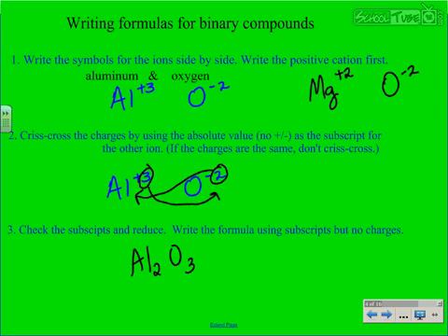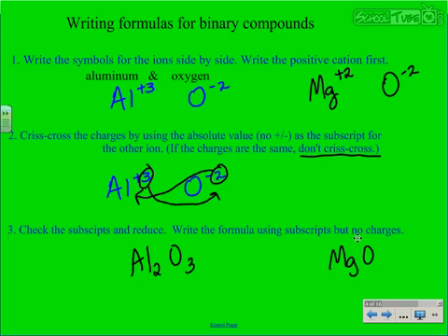Is it neutral? It's already neutral. So do I need more than one of each? No. So I don't need to do the crisscross. I'm just going to write MgO. 1 magnesium, 1 oxygen. It's neutral.